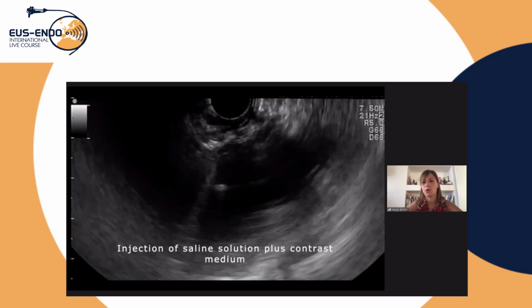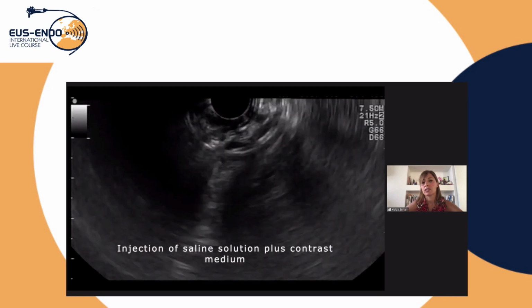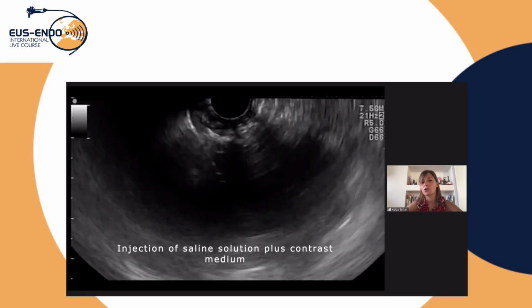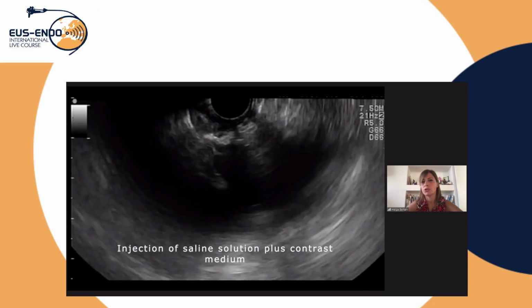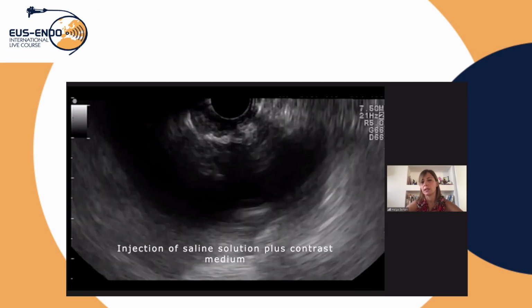This is a video, very fast, just not to get you bored, in which, I hope you can see it, we identify under EUS vision the gastric fold. We puncture the excluded stomach with a 19 gauge FNA needle. We inject saline solution and contrast medium.